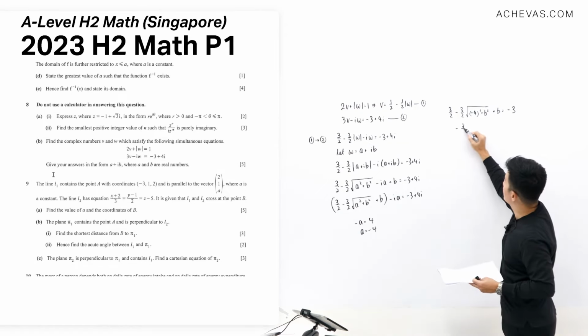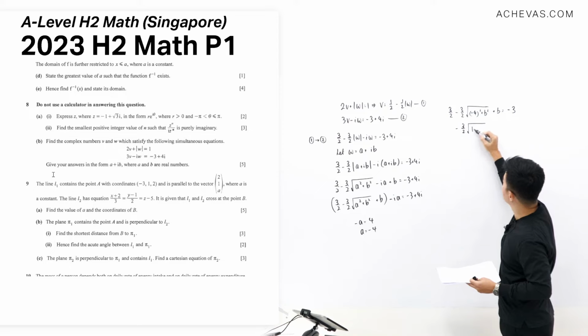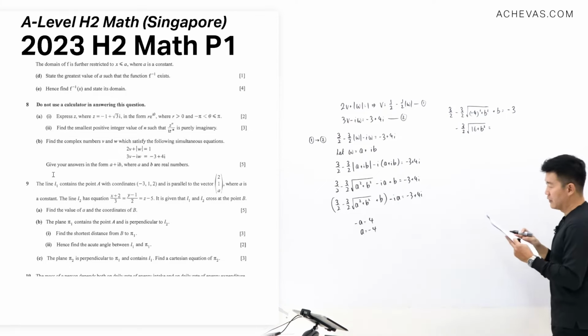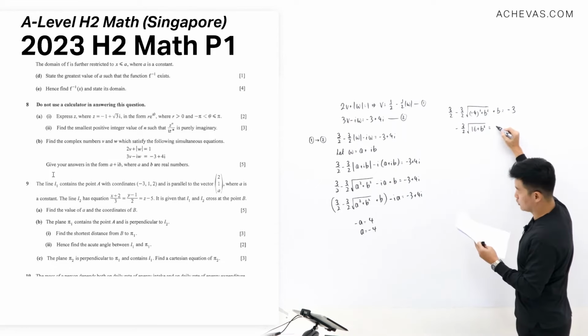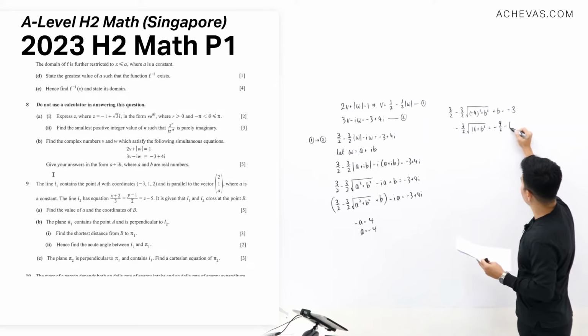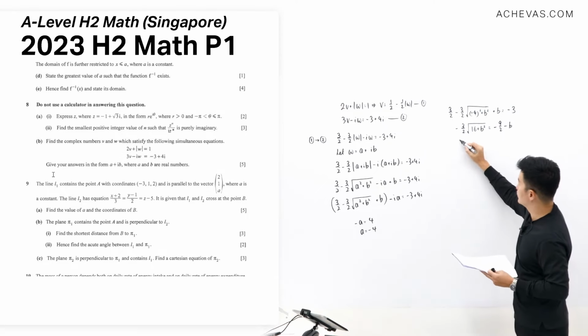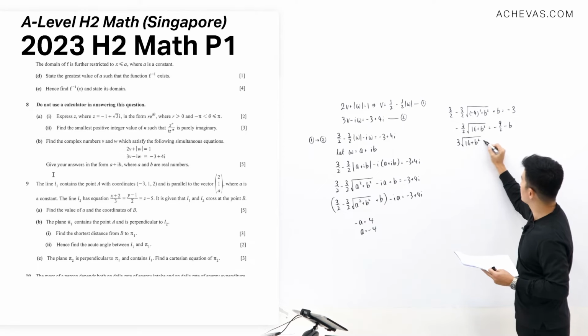So minus 3 over 2 square root of 16 plus b square is going to be equal to negative 3 minus 3 over 2, which is minus 9 over 2, then minus b. I'm going to multiply throughout by minus 2, so it will be 3 square root of 16 plus b square is equal to 9 plus 2b.